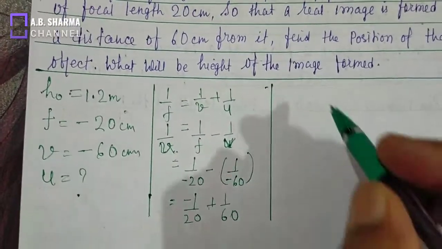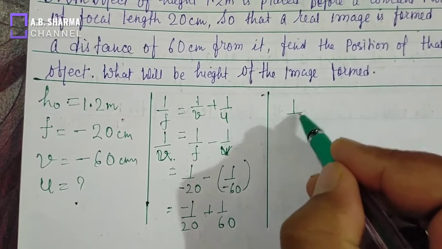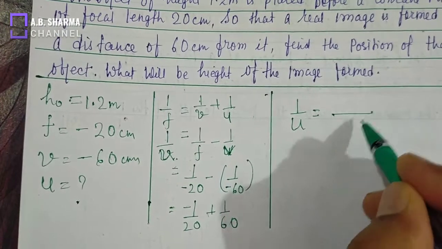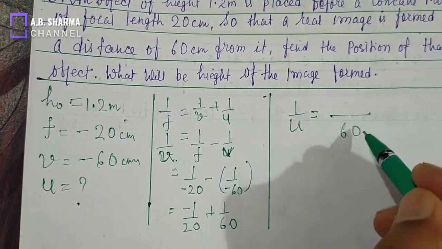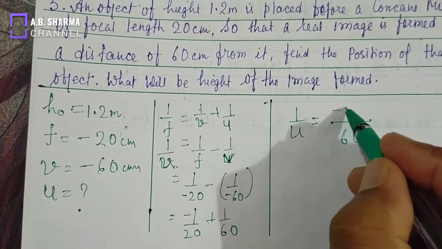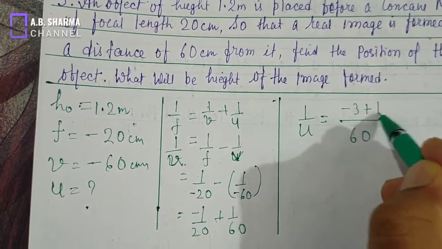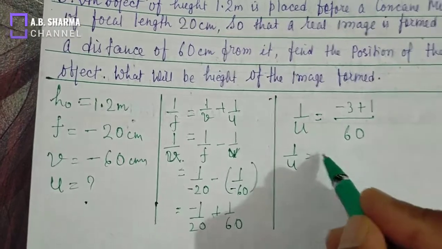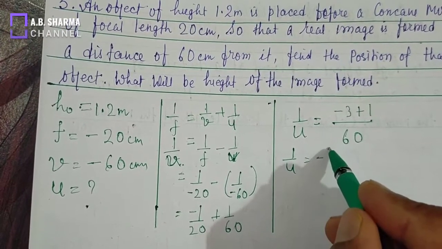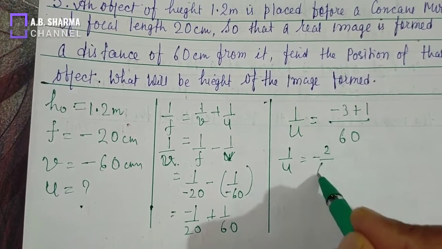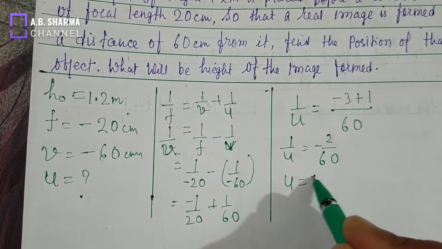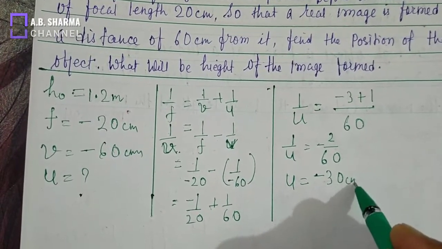By equalizing the denominators, 1 over u equals, this becomes 60 by taking LCM, minus 3 plus 1. So 1 over u equals minus 2 by 60, or u equals minus 30 centimeters.